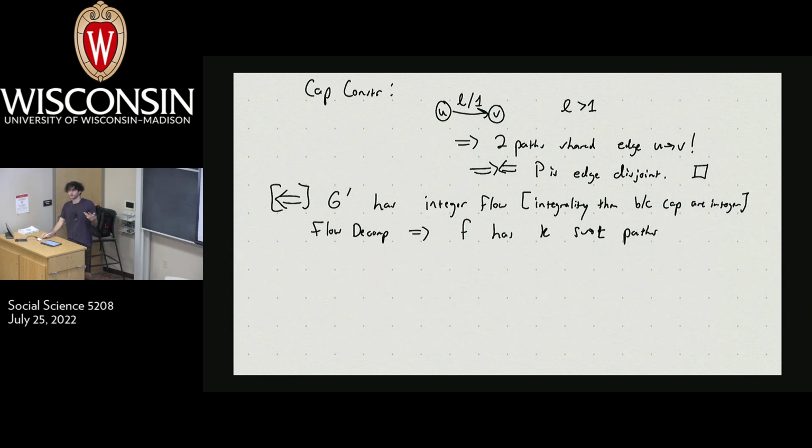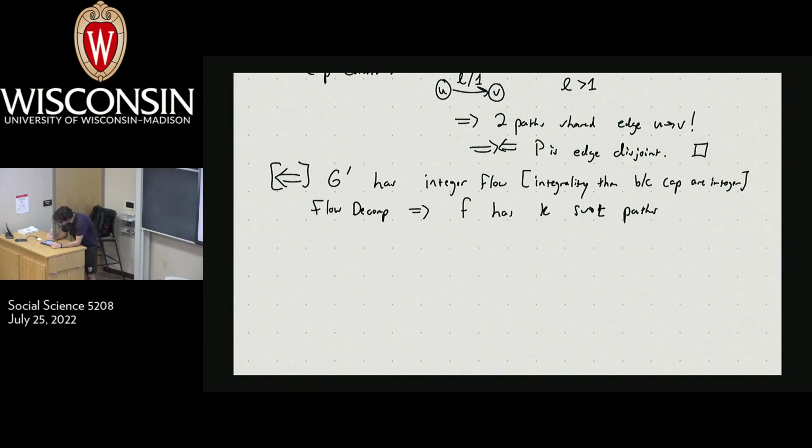Now all we have to argue is that they are edge disjoint. So we already have the paths basically for free because of the integrality theorem and the flow decomposition theorem. So all we really have to do is argue that they're edge disjoint. So we just define P to be this set of paths. Is it edge disjoint? Yes.